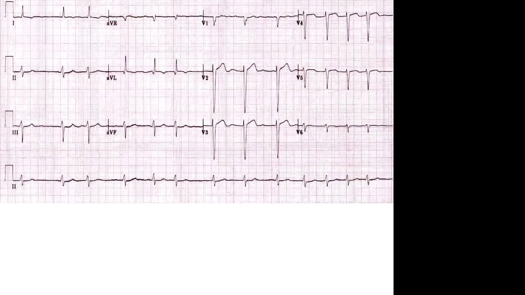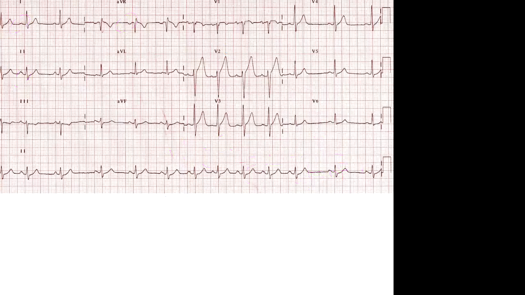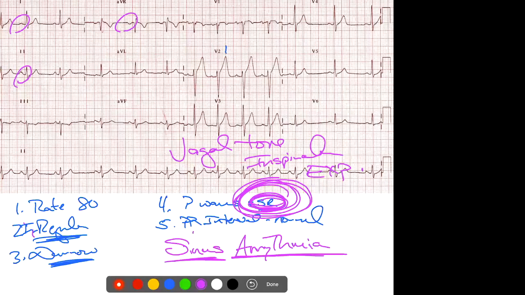So, quick question. Why would it not be WAP? Okay, so let's think about it. P waves are what help us determine that. Wandering atrial pacemaker should have at least 3 different P wave morphologies in the same lead.